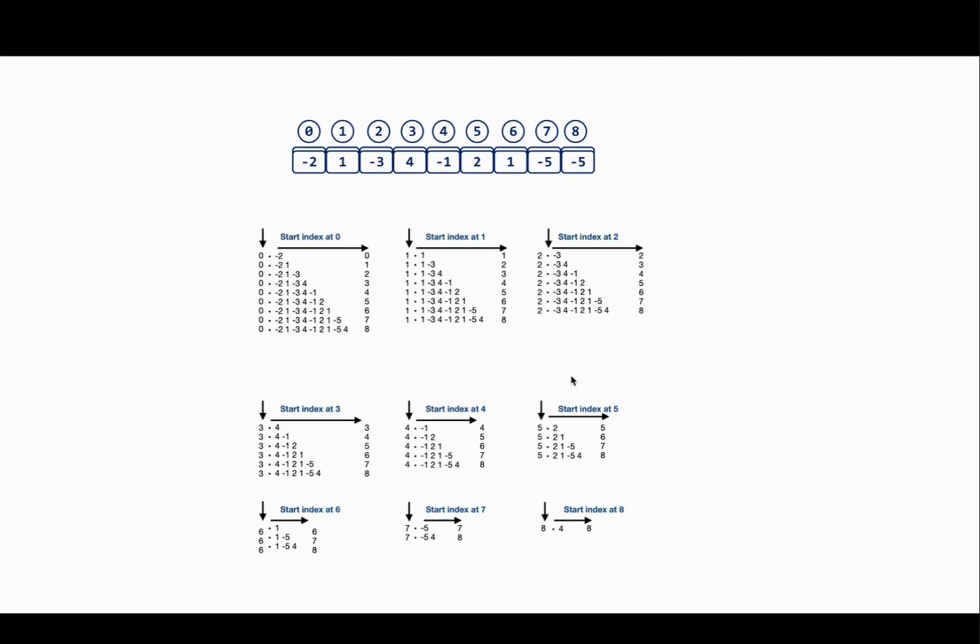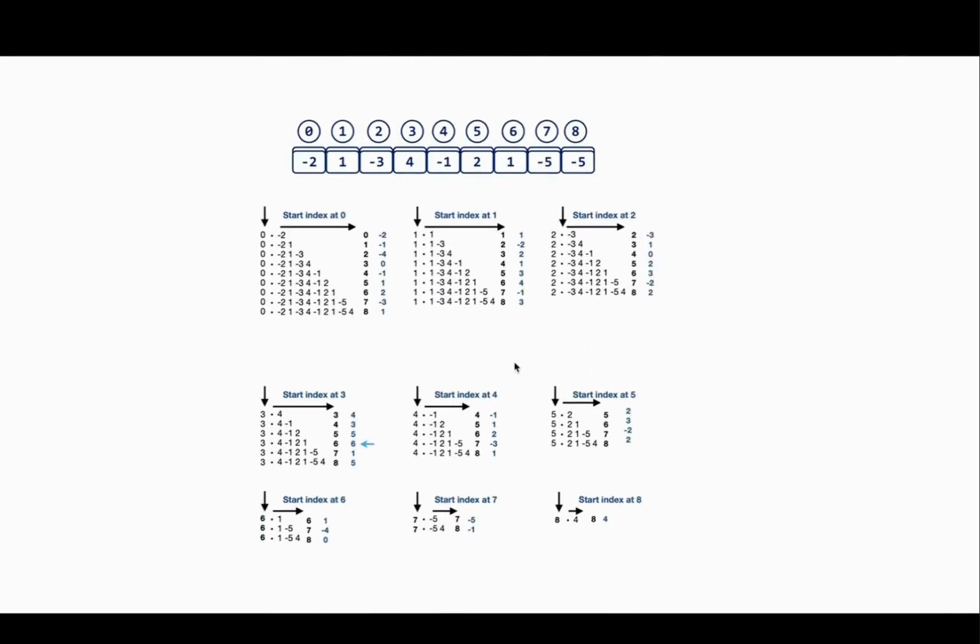Let's take one pointer, start, that will point to the start index. So if we want to generate all subarrays, the first subarray's start index is 0 and end index is also 0, so this is one element.